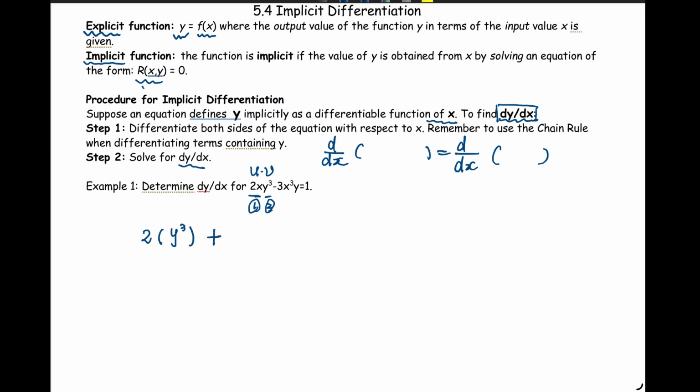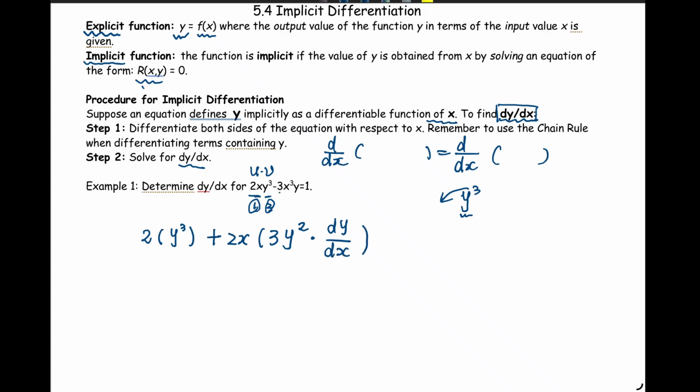Then plus u, we don't change. Then we do the derivative of y cubed. When we do y cubed, we do the power first. So we have 3 to the front, then the base doesn't change, power 3 minus 1 gives you 2. Then don't forget, the base is a function of x, so we have to write dy by dx here. So that is for the first term.